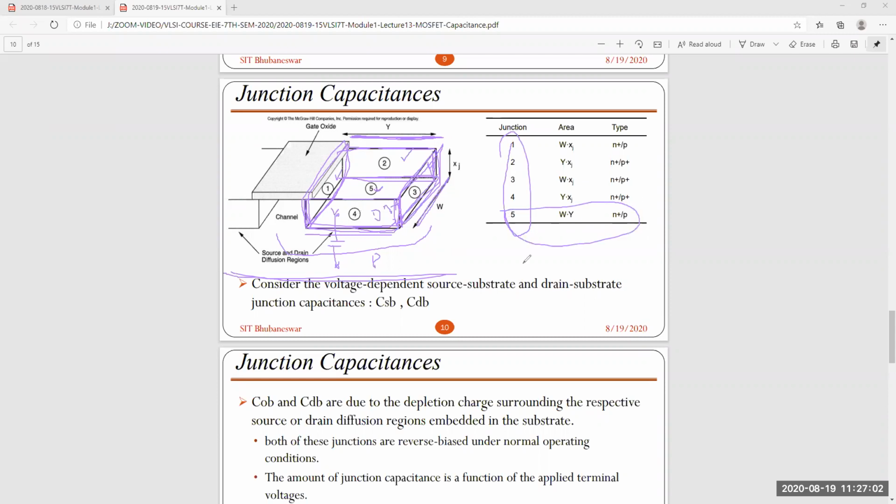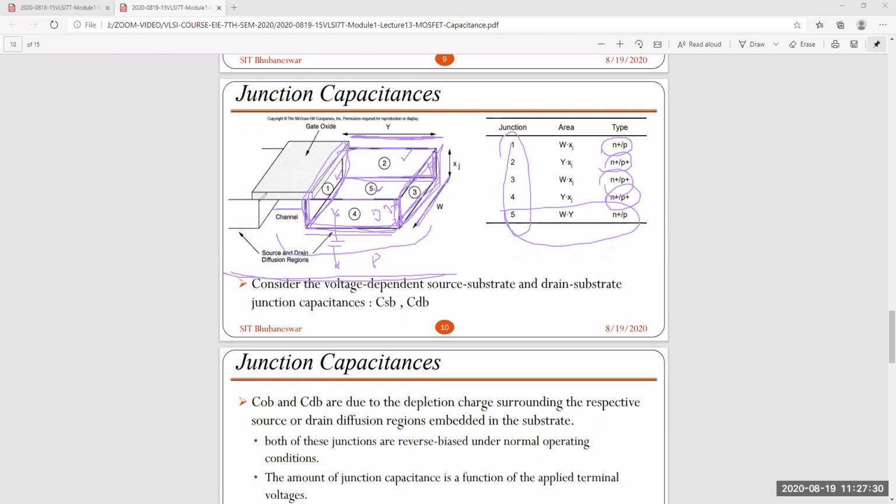And you can also see the junctions, because this is always N plus and this is P. And the side wall capacitance, because there are P plus channel stop regions in the side wall. On every side you can see P plus channel stops. That's why the junction is N plus P plus. And this first one you can see is 1, because this is the channel.